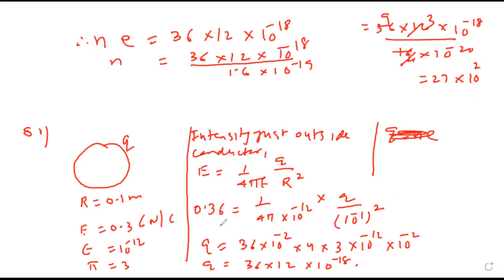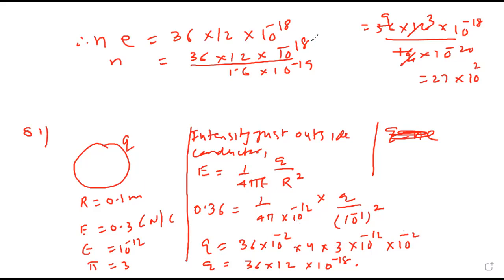How much is this? 36, correct? 36 into 10 raised to minus 2. 4, 5, 10 raised to minus 12. This is 0.1 meter, so 10 raised to minus 1 will become minus 2. Minus 2, minus 12, minus 14, perfect. So 10 raised to minus 18 is equal.